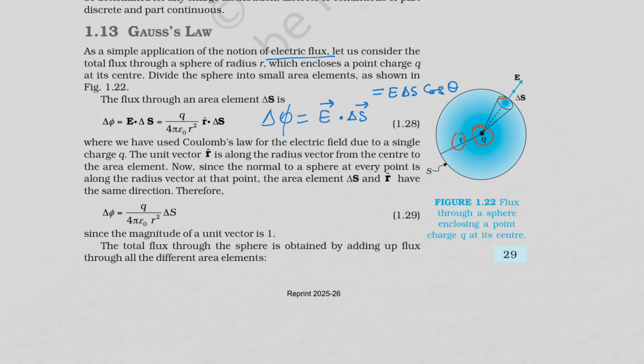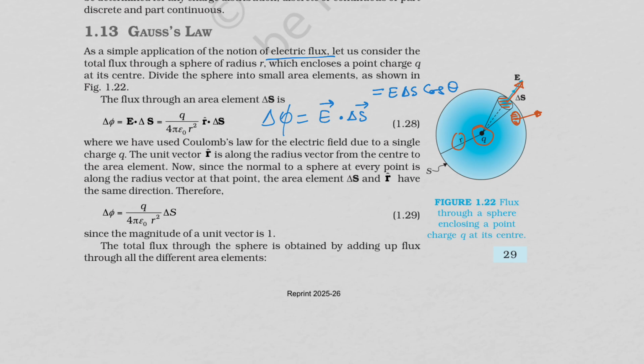We have just taken a small area delta S, and this area is a vector quantity because it has a different direction at different places. The direction is the radial outward direction.